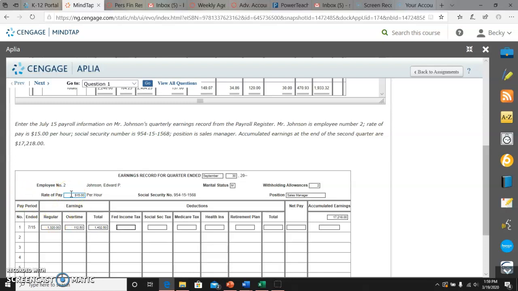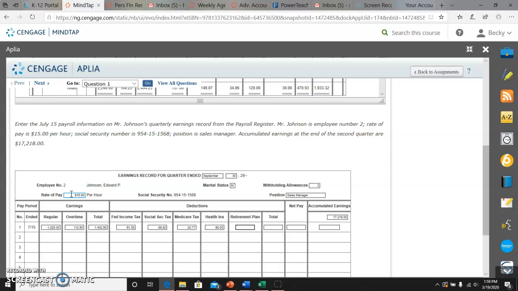His federal income tax, $61. His Social Security tax, $88.82. His Medicare tax, $20.77. His health insurance, $60.